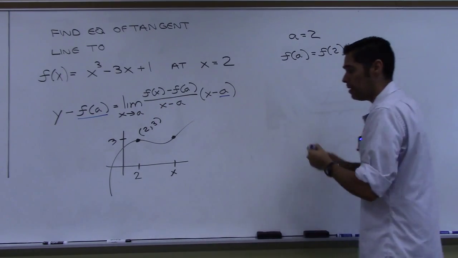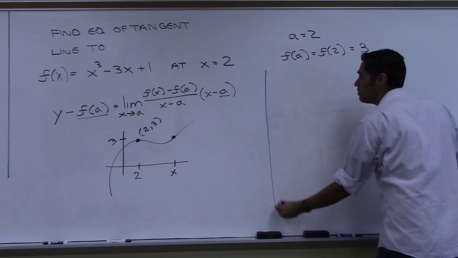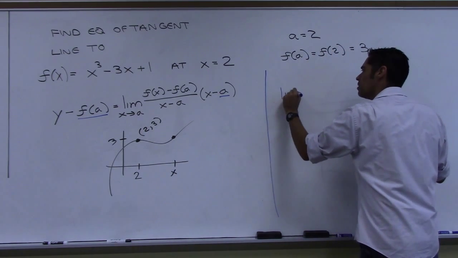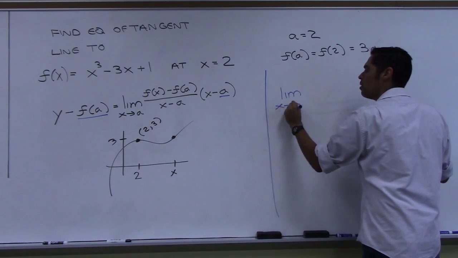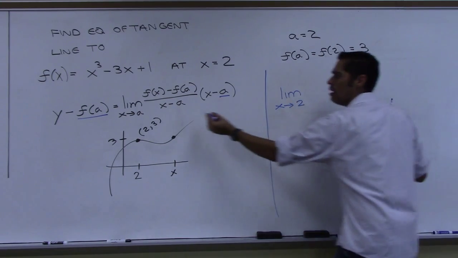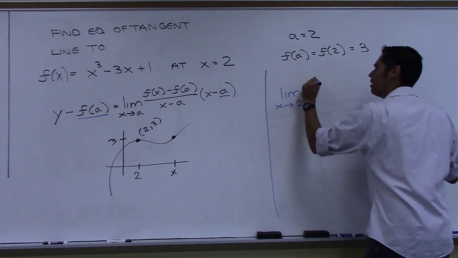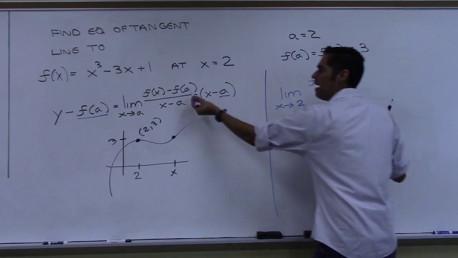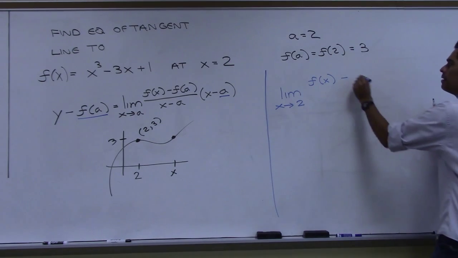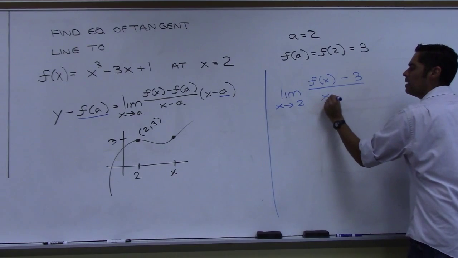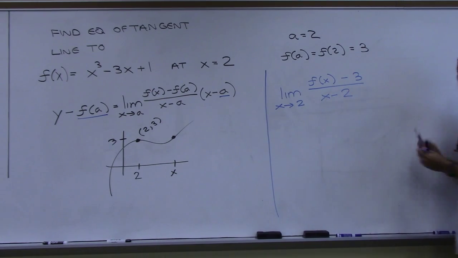So on a separate side note over here, I need to figure out the limit as x approaches, now what is a? 2, of f of x, which I'll replace in a second, minus f of a, what's f of a? 3, all over x minus 2. Understand?